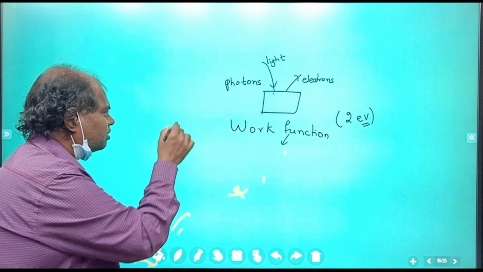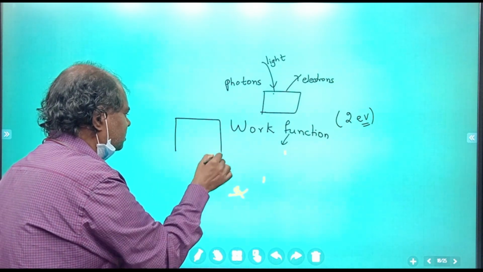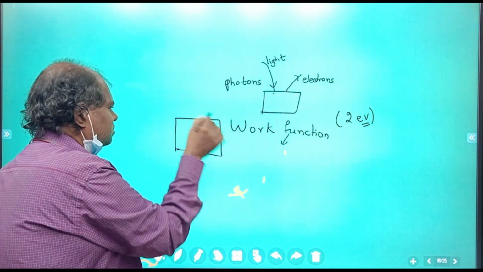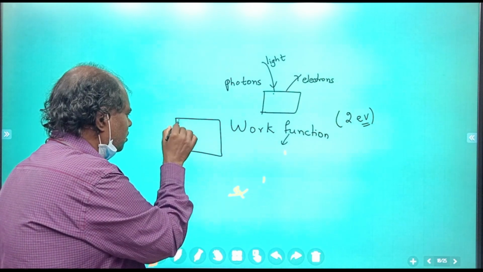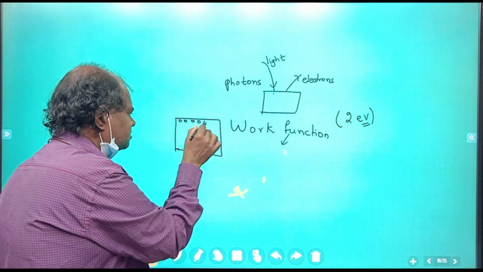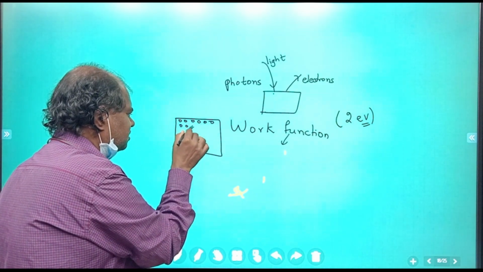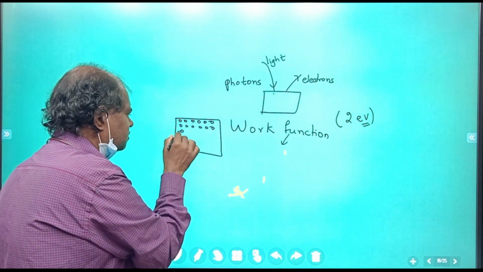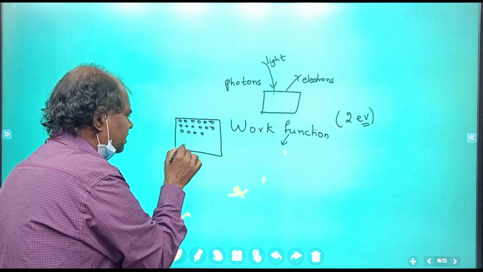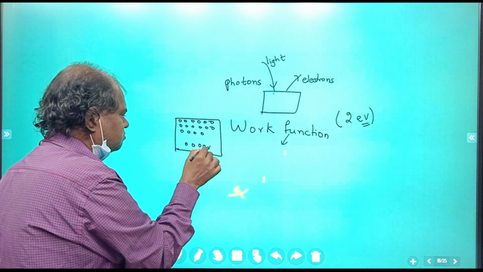Now, students, I want to ask you one question. Suppose you have got surface electrons. See, a lot of electrons are there here. This is a surface, and the electrons are there in the bulk also.